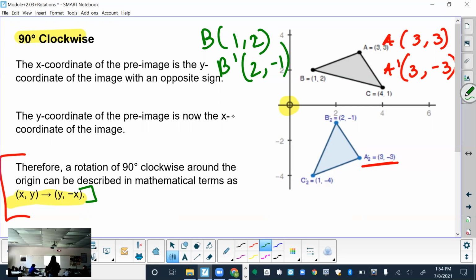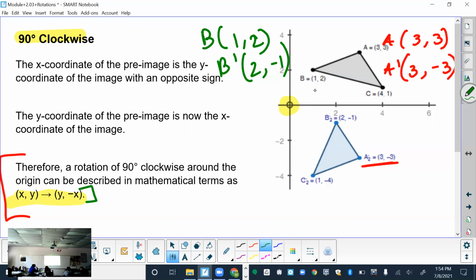All right, so the y from the original will now be first. The x will be second, but it'll also have a different sign. I like those rules because I feel like they're more straightforward than just trying to visualize it. All right, so that's the rule for 90 degrees clockwise.